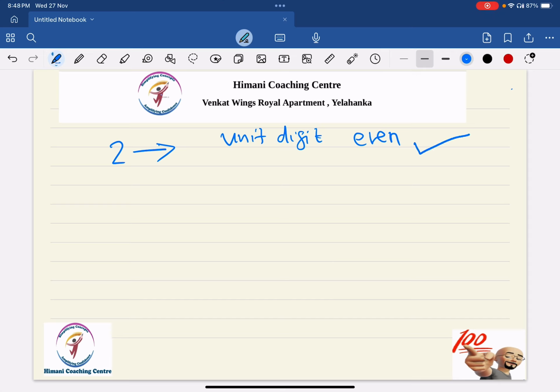Some examples: let us say I write 74. Now 4 is an even number, so is 74 divisible by 2? Yes. Let us say I write 81. Now 1 is odd. It is not an even number, so it is not divisible.